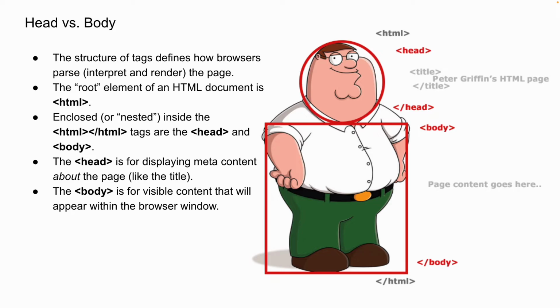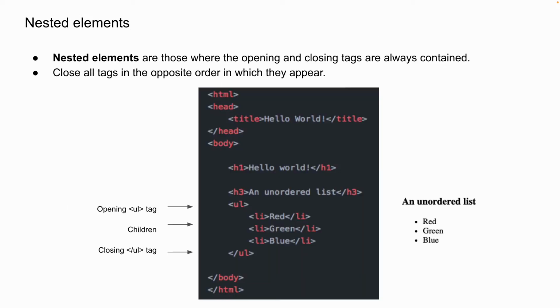You don't see content on the head, except in a few extreme cases. Head content is meta. It's the title of the page, meta tags, links to CSS files. It's stuff your page needs, but it's not the actual visible content. The body is where the page content goes. It's the visible content that'll appear in the browser.